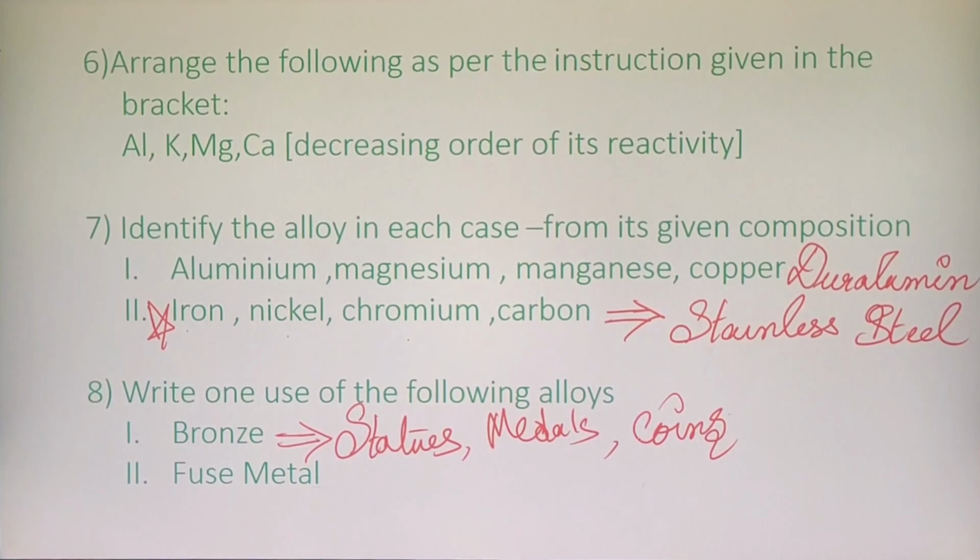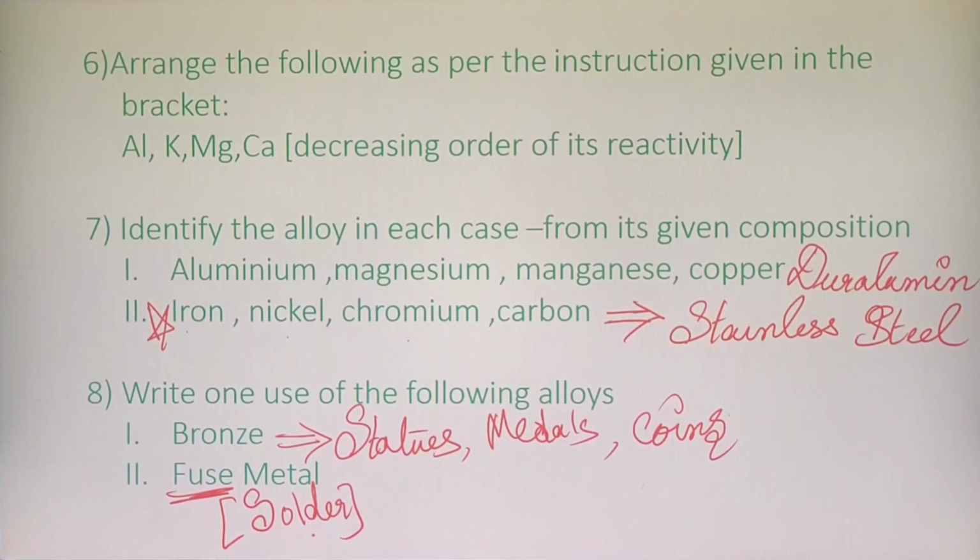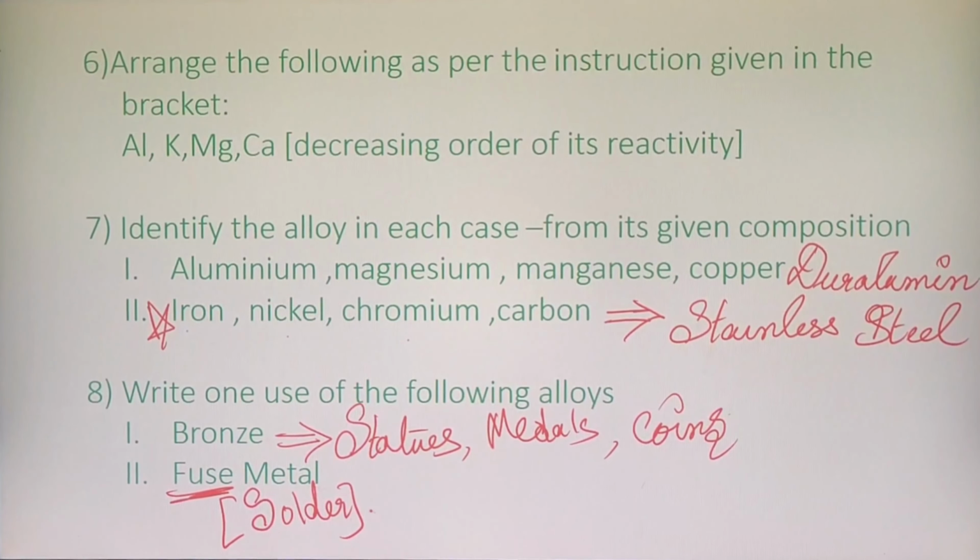The next one is fuse metal. The word itself is a giveaway that it is telling you the use of the alloy. The other name of fuse metal is solder. So what are the two names? You can either call it fuse metal or solder. If they give it to you as fuse metal, it is even easier.